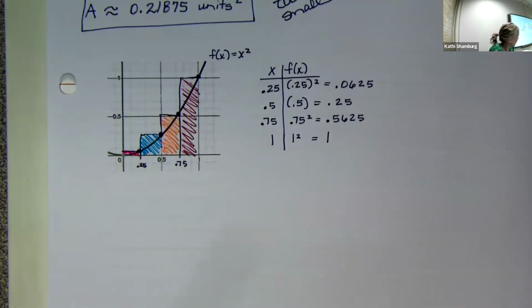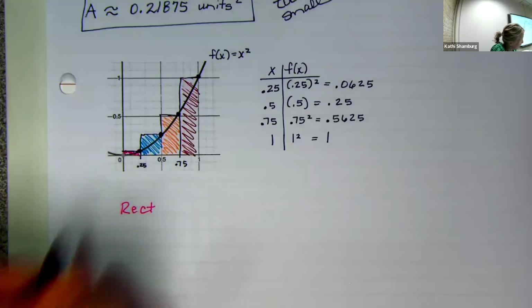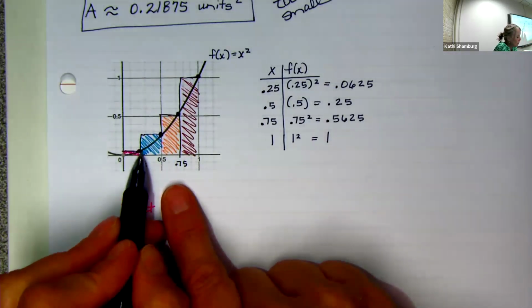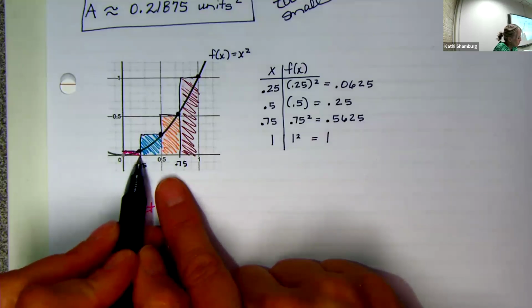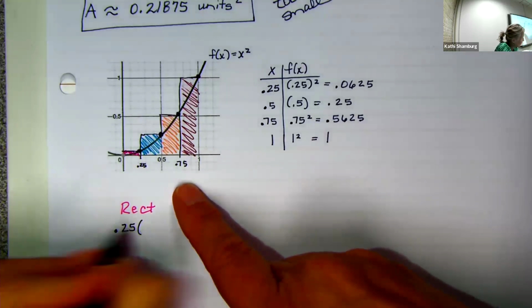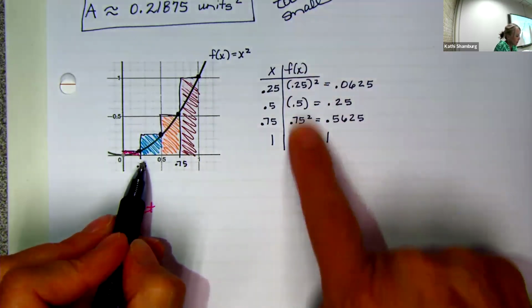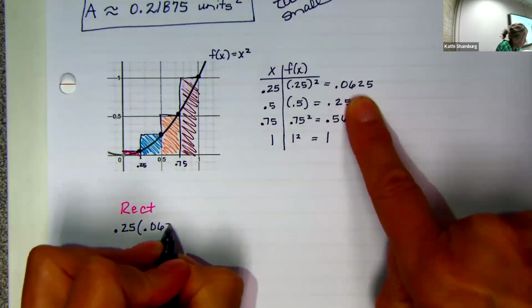Now what we're going to do is we want to calculate the area of each rectangle. So if I look at the pink one, I want length times width or width times height. Now be careful for this one. From here to here is 0.25. And then its height is the output here. So how tall that is, 0.0625.